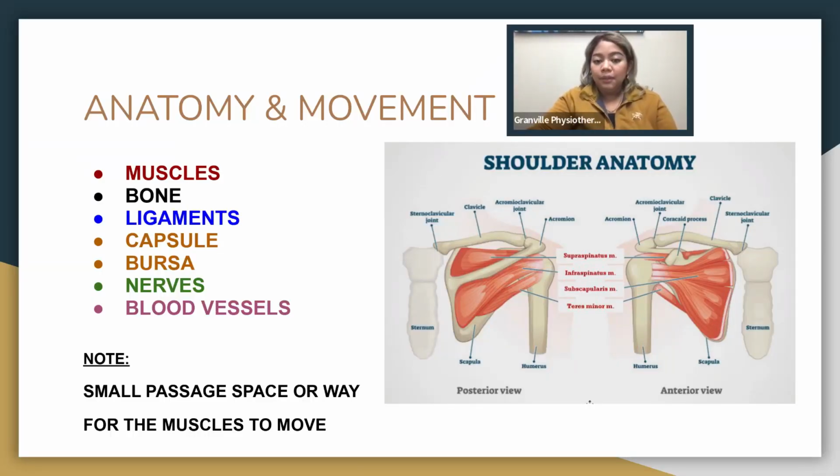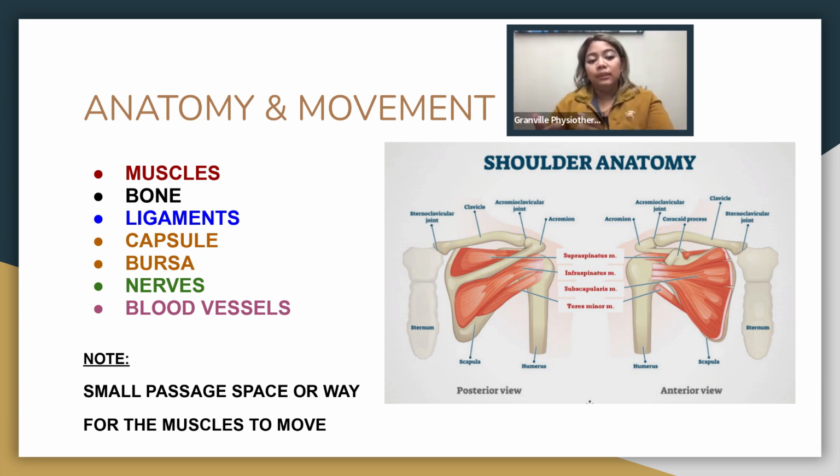So for the anatomy and movement of the shoulder, the bones that compose the shoulder are your clavicle, your shoulder blade, and your humerus bone. There are the muscles surrounding it. The main muscles of the shoulder are called the rotator cuff muscles, and there are accessory muscles surrounding them to help those main muscles for the shoulder movement.